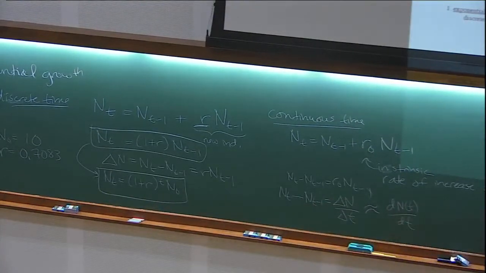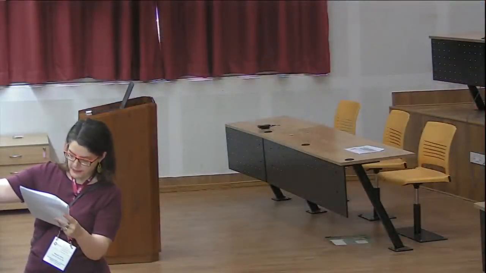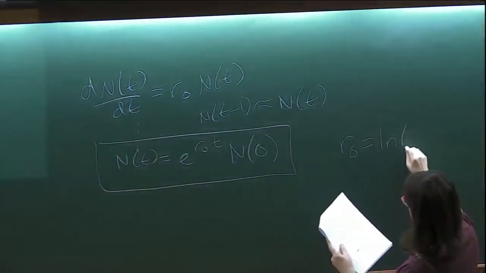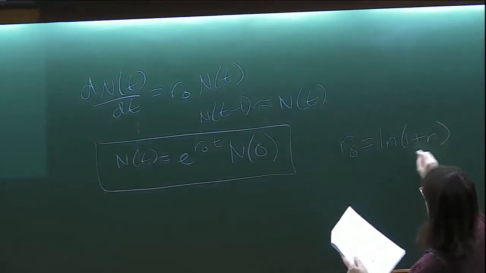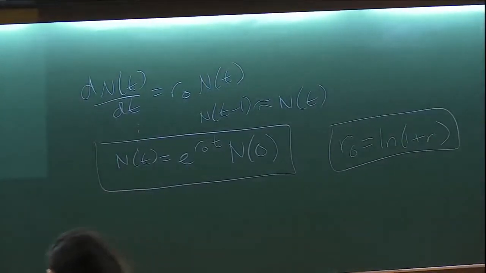And this naturally leads to the fact that the relationship between these two growth rates, when we move from the continuous to the discrete case. All right, well, that's another case.